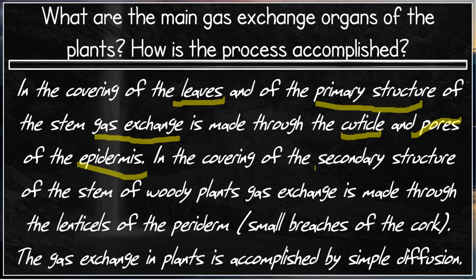In the covering of the secondary structures of the stem of woody plants, gas exchange is made through the lenticels of the periderm. Those are small breaches of the cork. Gas exchange in plants is accomplished by simple diffusion.